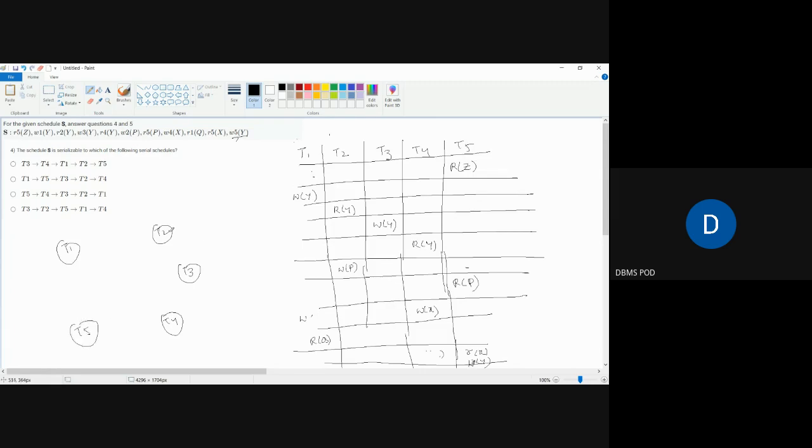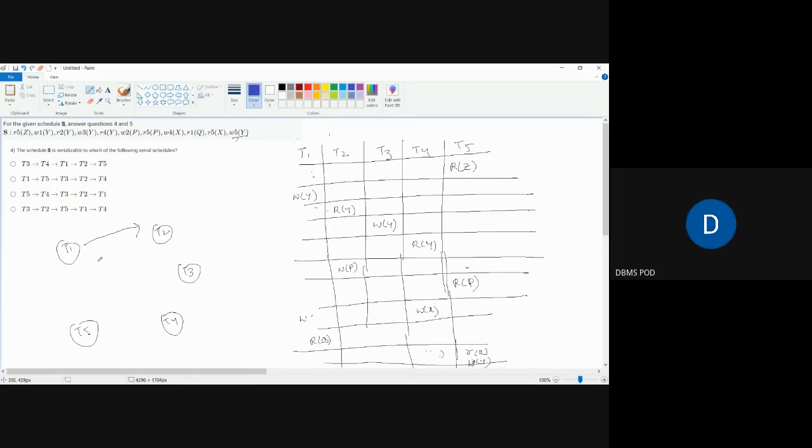What are the conflicting instructions? T5 to T1, I can say that. T1 to T5 will be there, right? T1 to T2 will be there, right? Z1, so T1 to T2 will be there, correct?